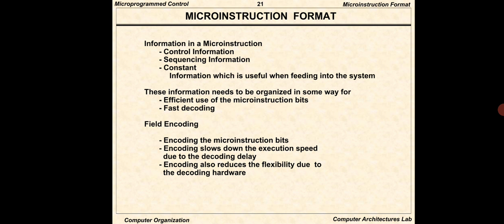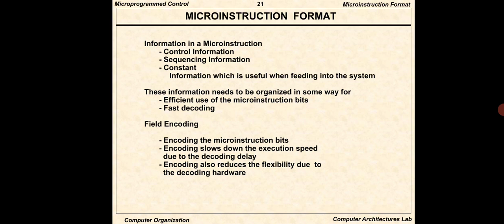Once again we will have a description about this micro instruction format. Information in the micro instructions is nothing but your control information, sequencing information, and a constant, that is, information which is useful when feeding into the system. This information needs to be organized in some way for efficient use of micro instruction bits or fast decoding.